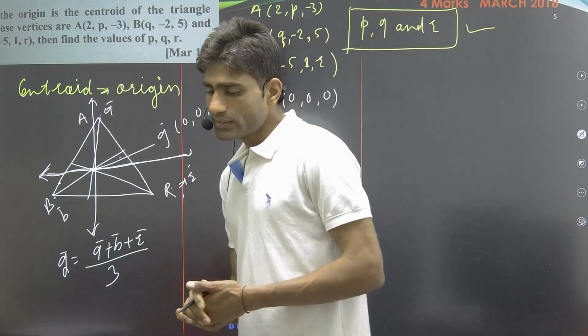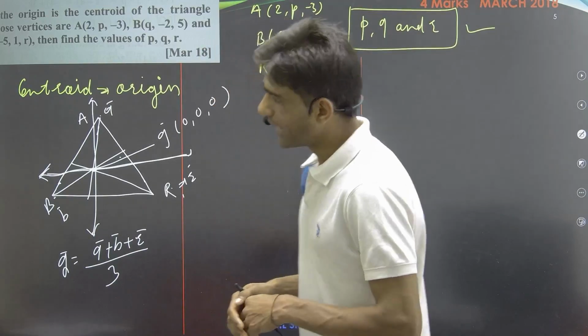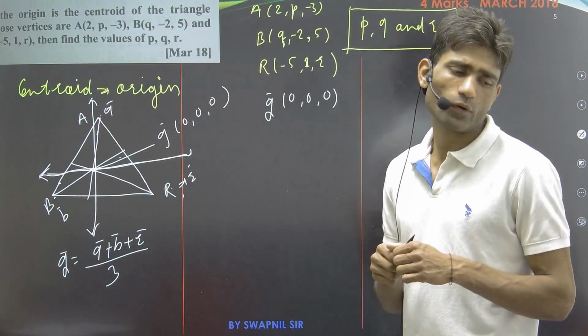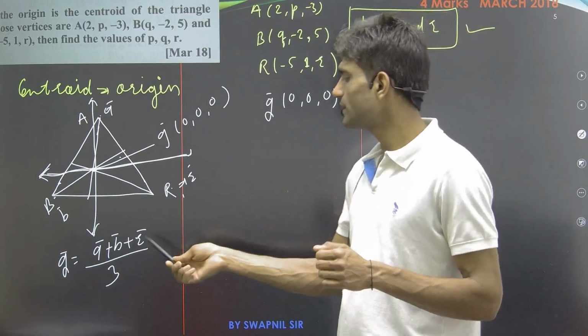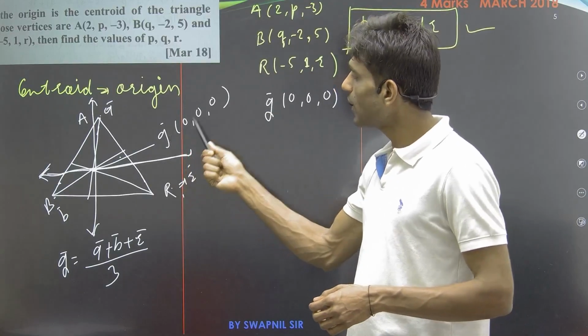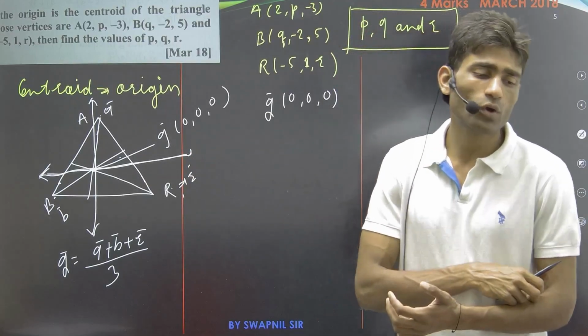This is the way we can find the centroid of our triangle, and the G we have here is (0, 0, 0) as the origin.